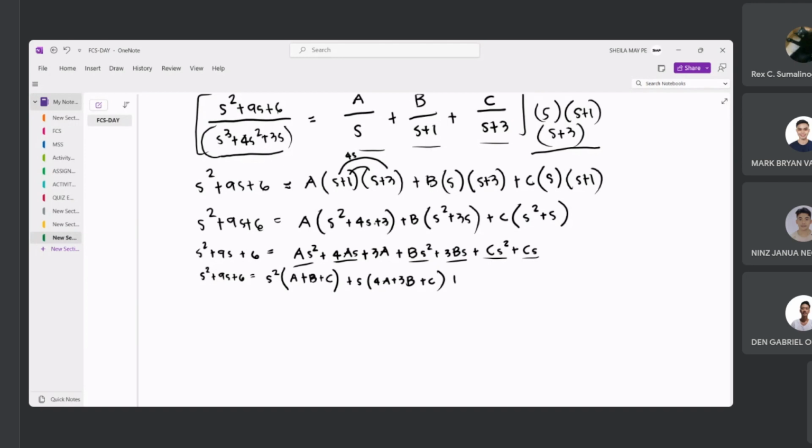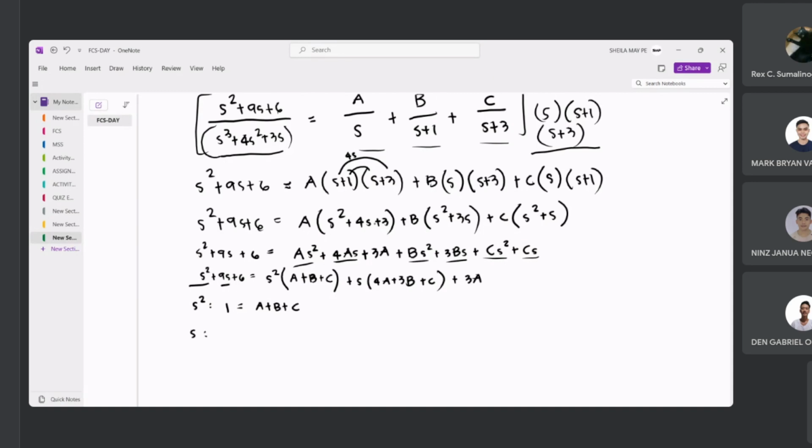Okay. Now, write our constant 3A. Right? So, we have factored out the common. Then, let's do evaluation. So, let's start with s squared. Nabatay s squared on the left side? Yes, we do. The coefficient is 1. Okay. 1 equals, on the right side, we have s squared, 1 B C. For s, do we have s on the left side?